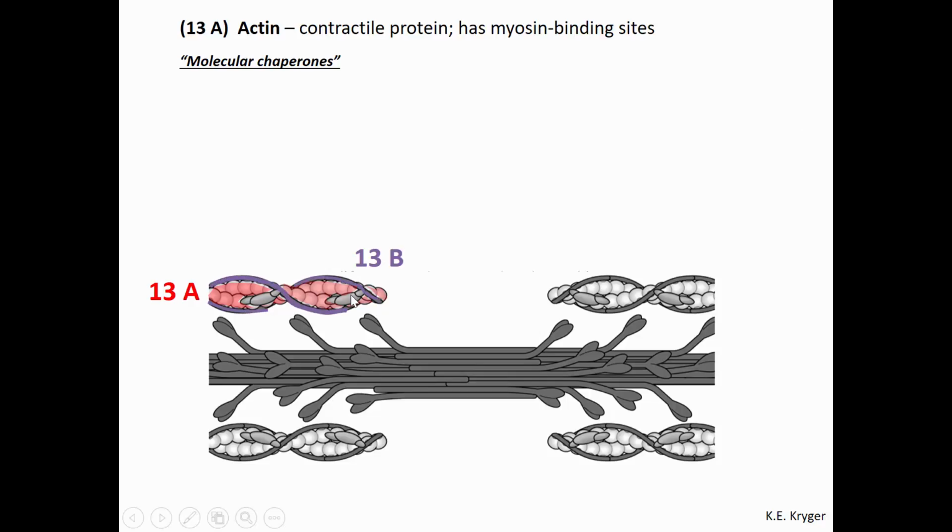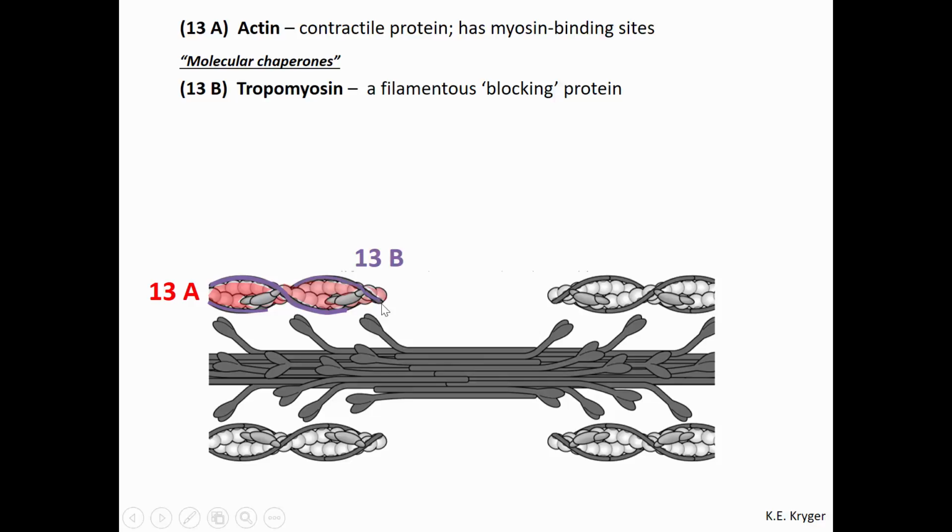So 13B, this is our tropomyosin. And it's just a long filament. And basically its job is just to block things, right? If you laid down in the middle of the classroom you would just be blocking things, right? So it's a filamentous blocking protein, right? And what it's doing is it's blocking these myosin binding sites, right?